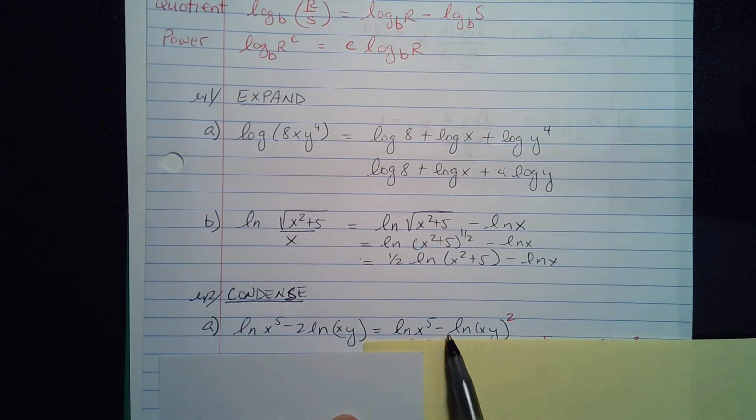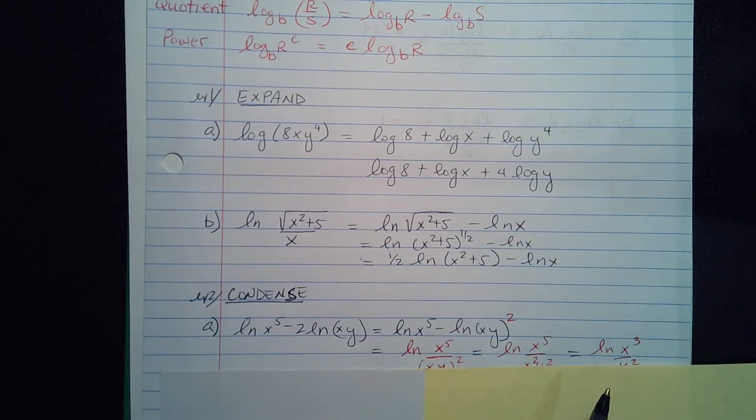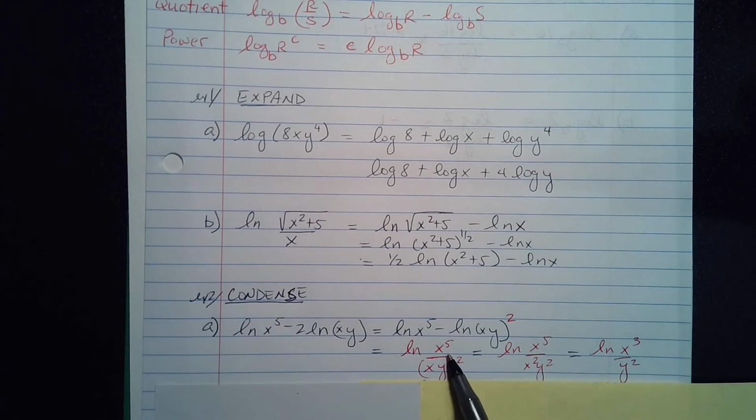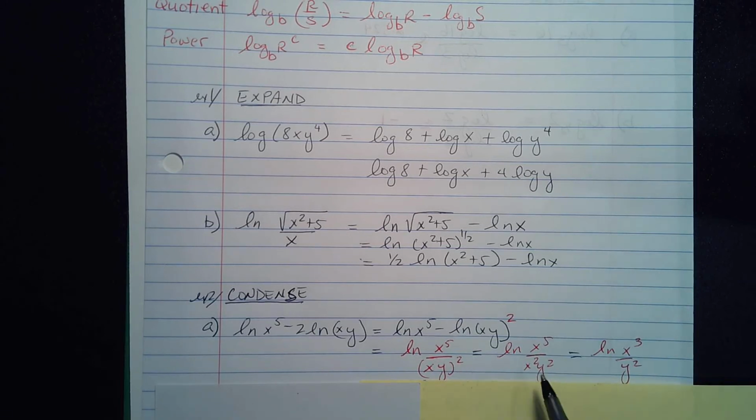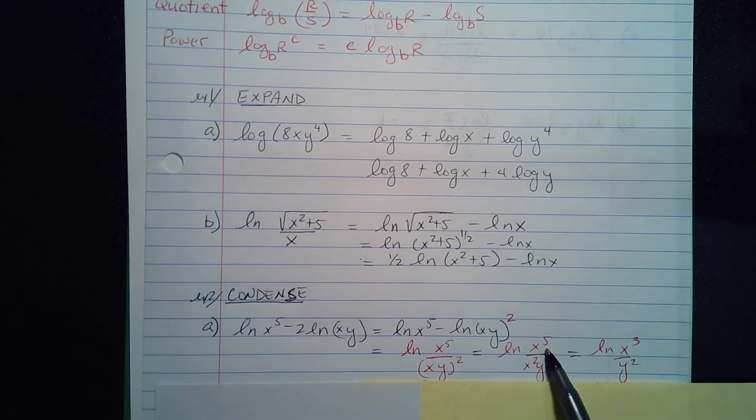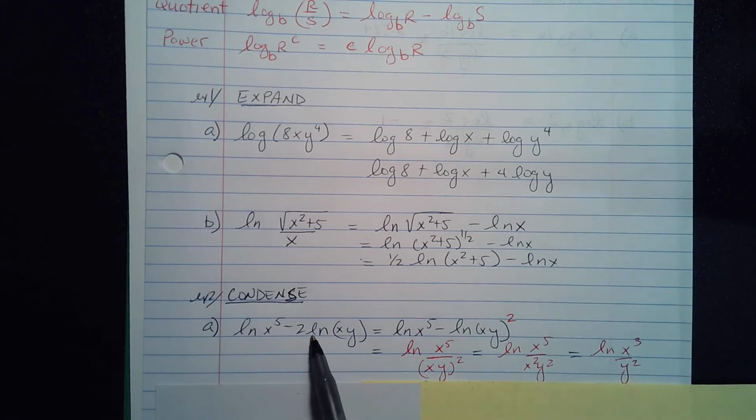Since the bases are the same, we can combine these logs by using a quotient. So this is log of x to the 5th over xy squared. Distribute the 2. So x squared y squared in the denominator, x to the 5th over x squared is x cubed. So we are done here. We wrote this expression as a single log. We condensed it.